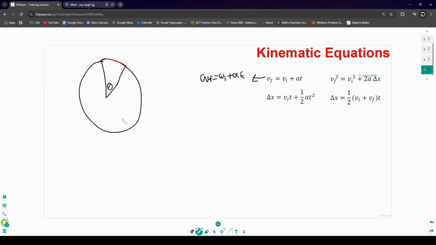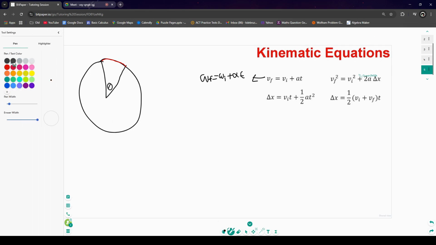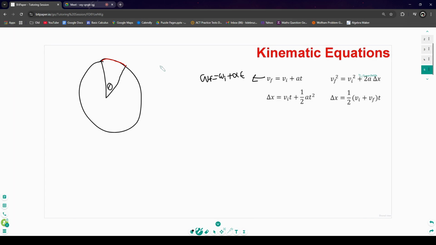So usually this is written as delta theta is equal to delta arc divided by the radius. So this would be our r. Basically, if we have the arc length, radius, or theta, we can convert between these.